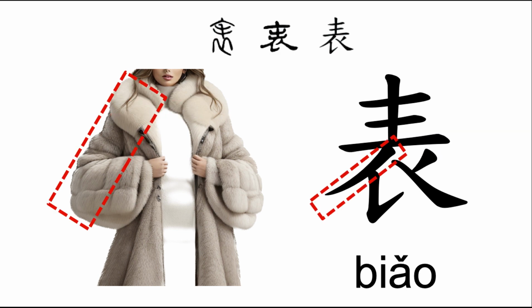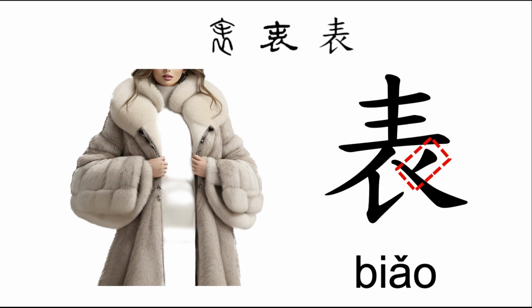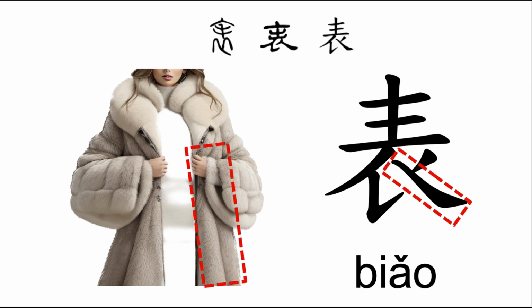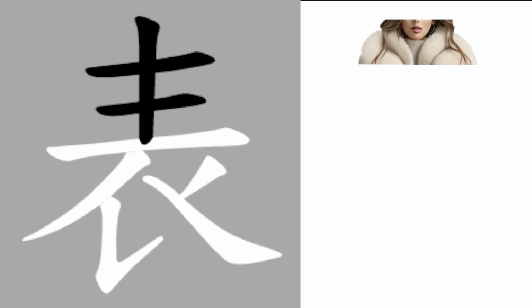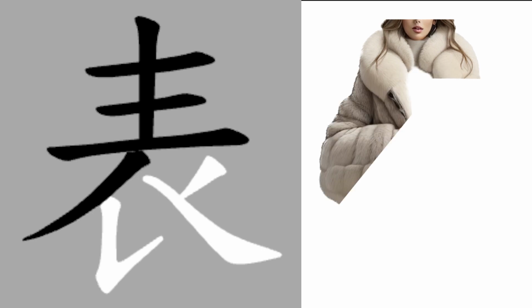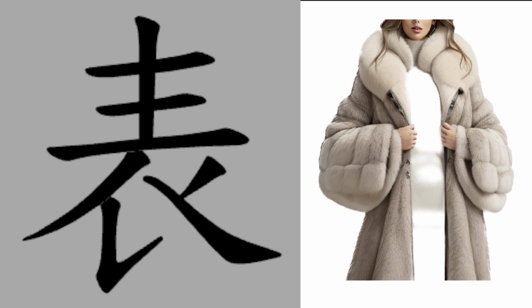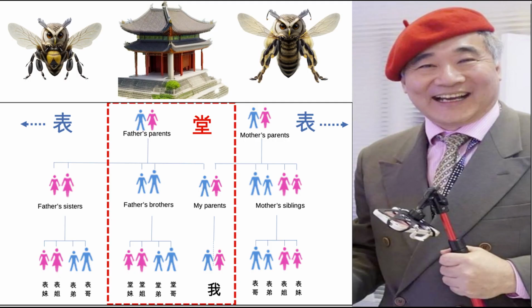Proceed to sketch half of the collar, the left side connected to the buttons with a small flourish. Conclude by drawing the right side of the collar, again with an outward slant to preserve symmetry and aesthetic appeal. These techniques will help facilitate your understanding of the Chinese kinship system.